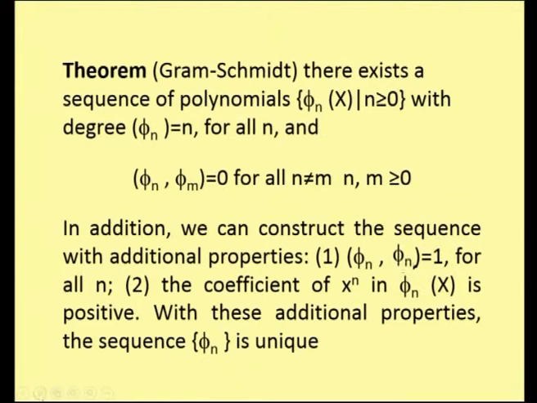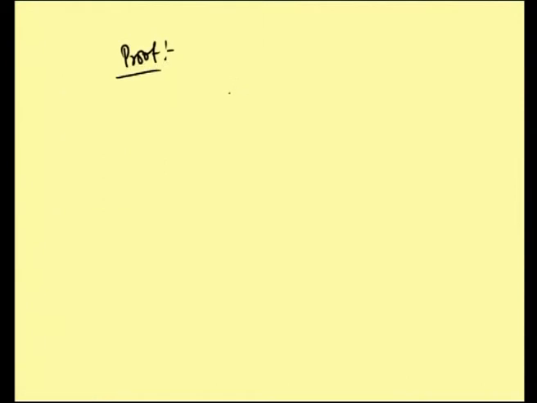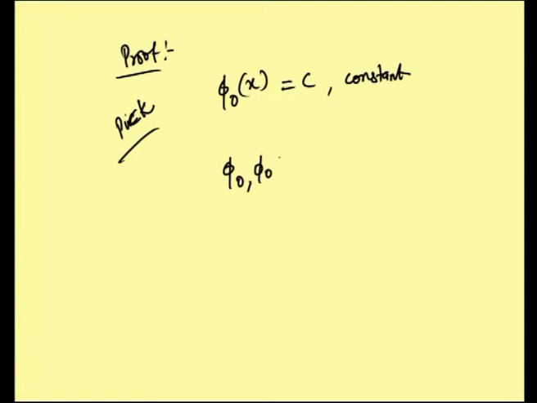Okay, we have to construct this process. Quickly we shall construct it, and this process is called the Gram-Schmidt process. First of all, you take phi naught of x. Phi naught of x is equal to c, where c is a constant, and pick this phi naught in such a way that phi naught comma phi naught is equal to 1, that is, the norm of phi naught squared is equal to 1.